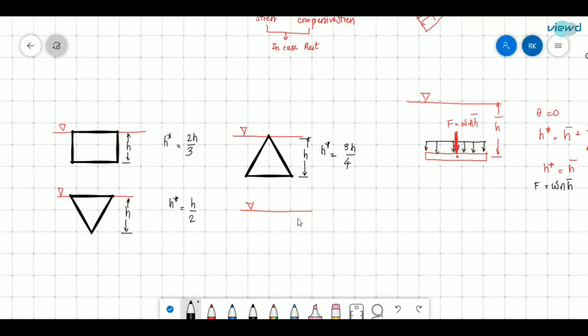And if there is a circle, and the circle's diameter is d, then h star is equal to 5d by 8.